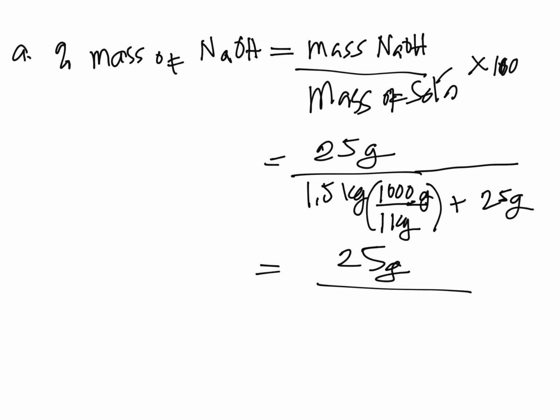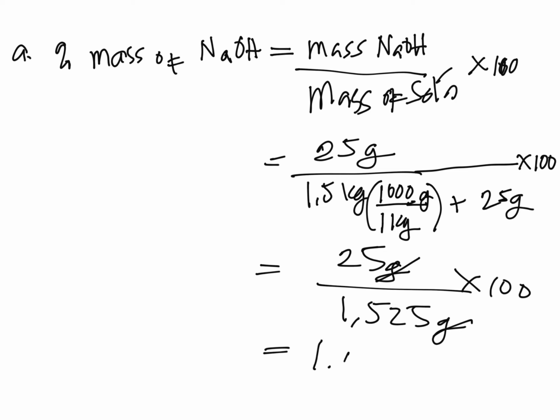And then you're going to add 25, so that's 1,525 grams. Canceling gram, multiply it by 100. Don't forget here also, you multiply it by 100. So your answer for this, let's check, 25 divided by 1,525 times 100, that is 1.639 percent. So this will be your answer for letter A.